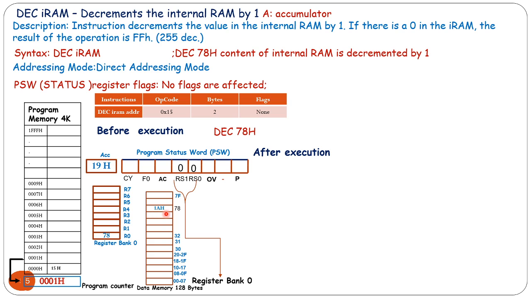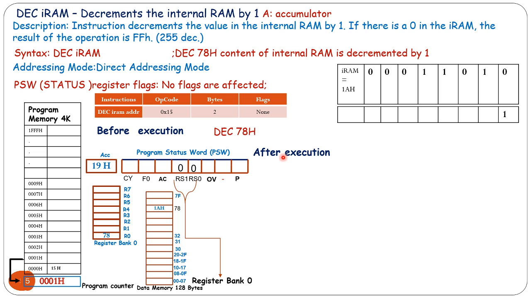The random access memory address 78H has the content 1AH. So this 1AH gets decremented by 1. So after execution, the content of internal random access memory 78H having 1AH, which will be like this, 0001 1010, is now decremented by 1.